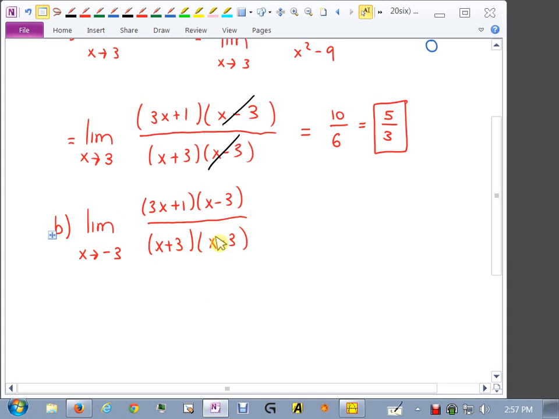Yes, I still can cancel those, okay? But here's the deal. Are you getting 0 over 0? What are you getting when you try this limit?